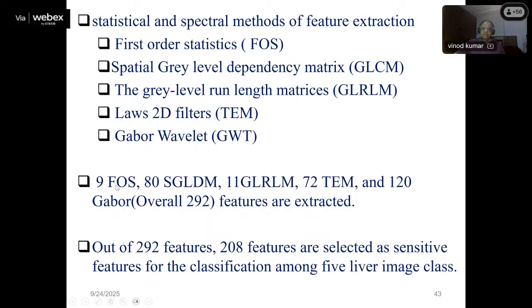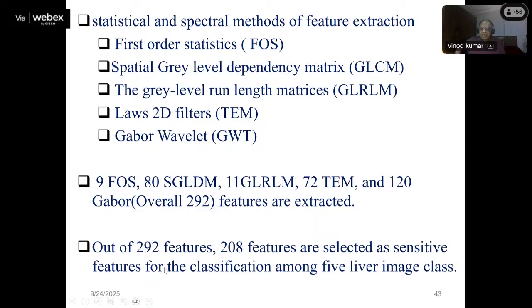So 9 first order statistics features, 80 second order, 11 gray level run length matrix higher statistical features, 72 texture energy measures, 120 Gabor filter. Overall, 292 features were selected. Out of 292 features, 208 features are selected as sensitive features.